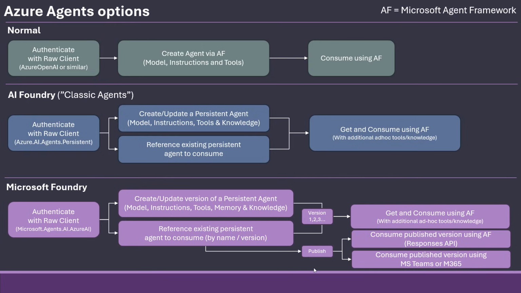The reason for that is that then your user should not know about your Foundry, and if you make a new version and you publish that, you can choose when it should be published to the user. So you can set and build, while here you can choose when to publish. And these published versions can then be consumed by Agent Framework using the Responses API, or they can be consumed in Microsoft Teams and Microsoft 365.